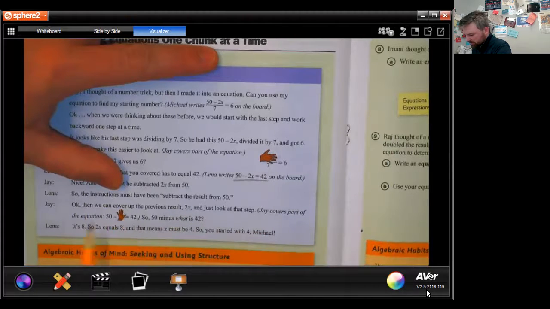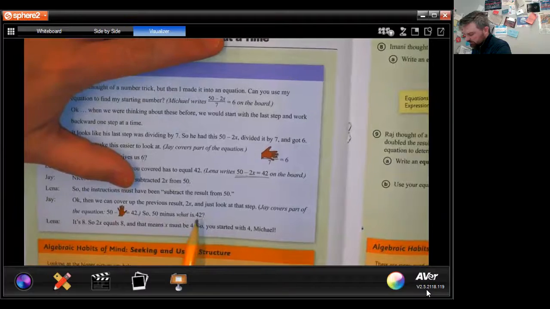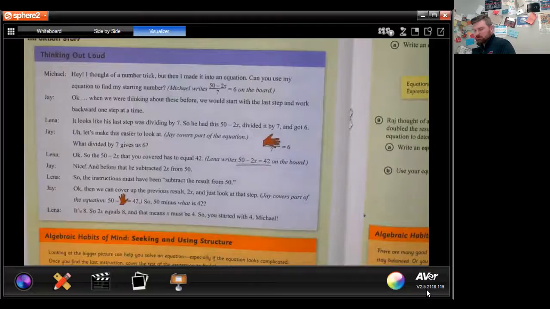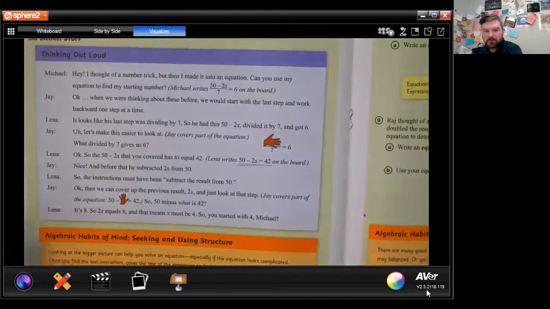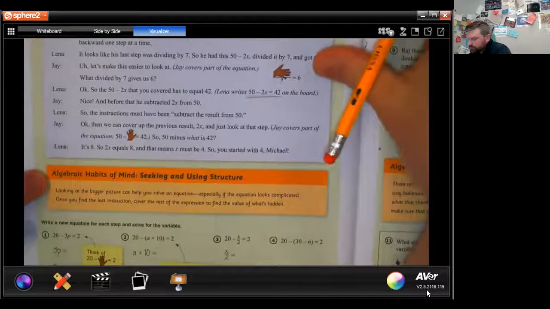Jay covers up part of the equation. 50 minus what he covered up equals 42. So 50 minus what is 42? It's 8. So 2x equals 8. That means x must be 4. So you started with 4, Michael. Okay, so that's one way we can look through that.